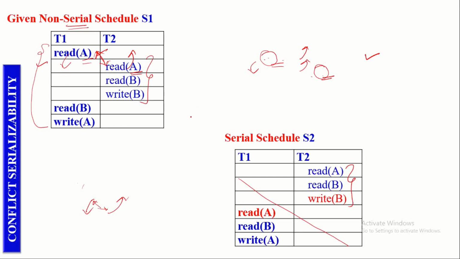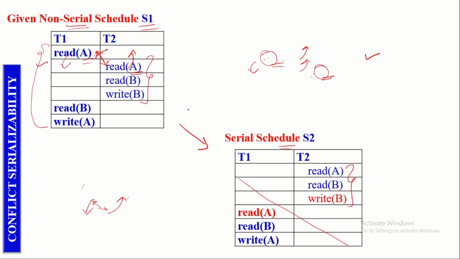So now we have successfully converted the non-serial schedule into a serial schedule by swapping all non-conflict operations. So now we can say that this non-serial schedule is the conflict equivalent of this serial schedule, because we were able to convert the given non-serial schedule into a serial schedule by swapping its non-conflict operations.